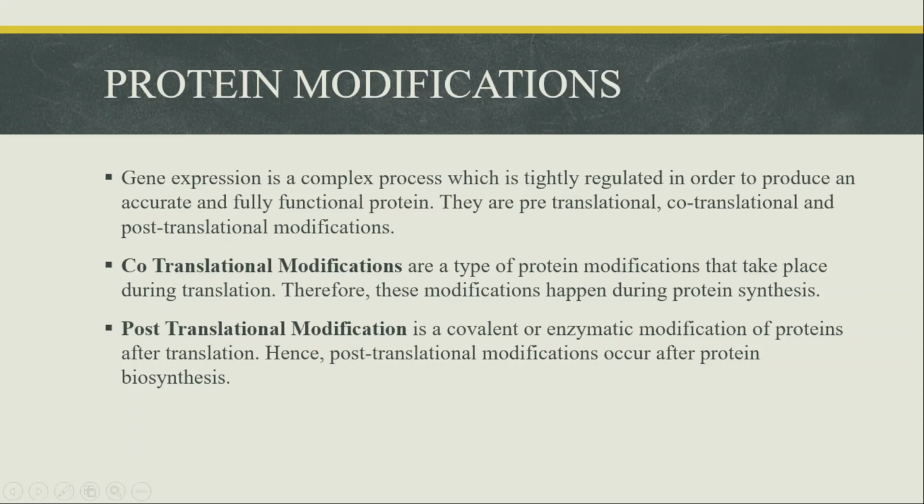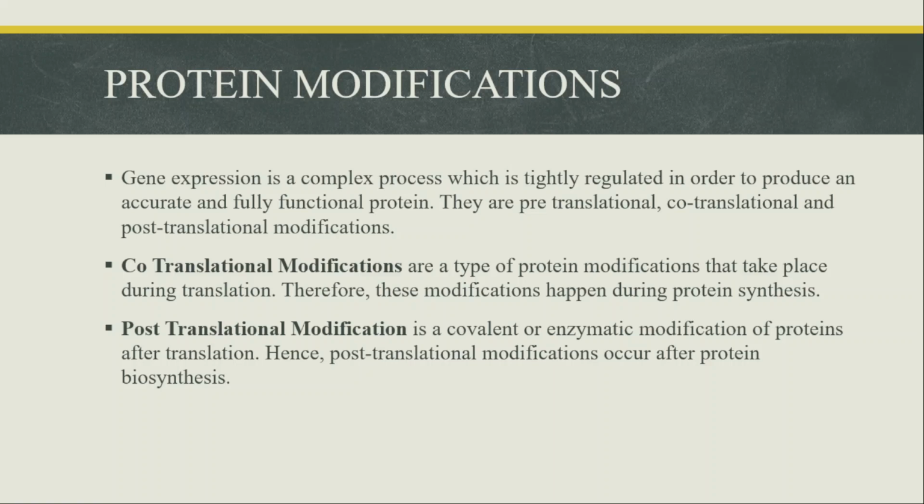The pre-translational modifications are also called post-transcriptional modifications, and the co-translational modifications are the protein modifications that take place during the translation process. Therefore, these modifications happen during the protein synthesis.